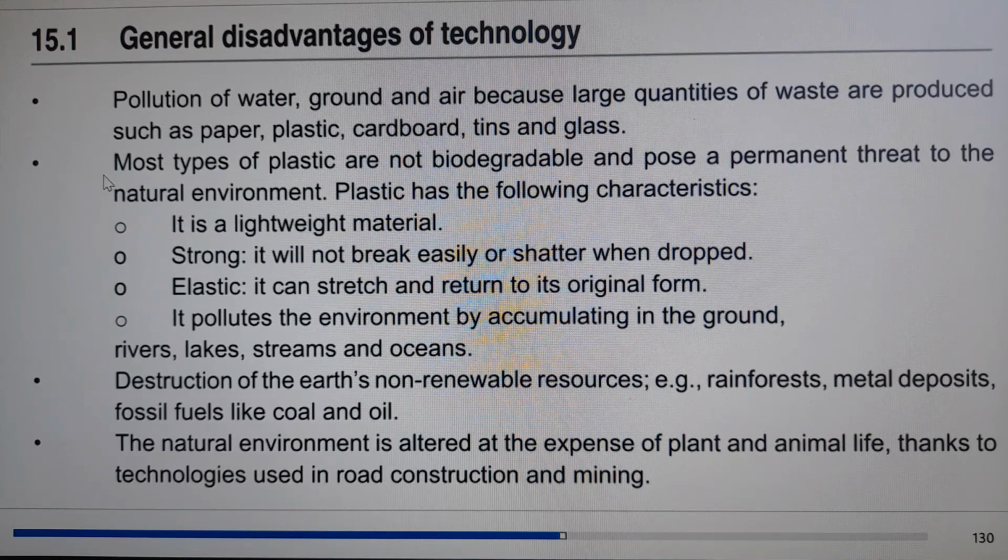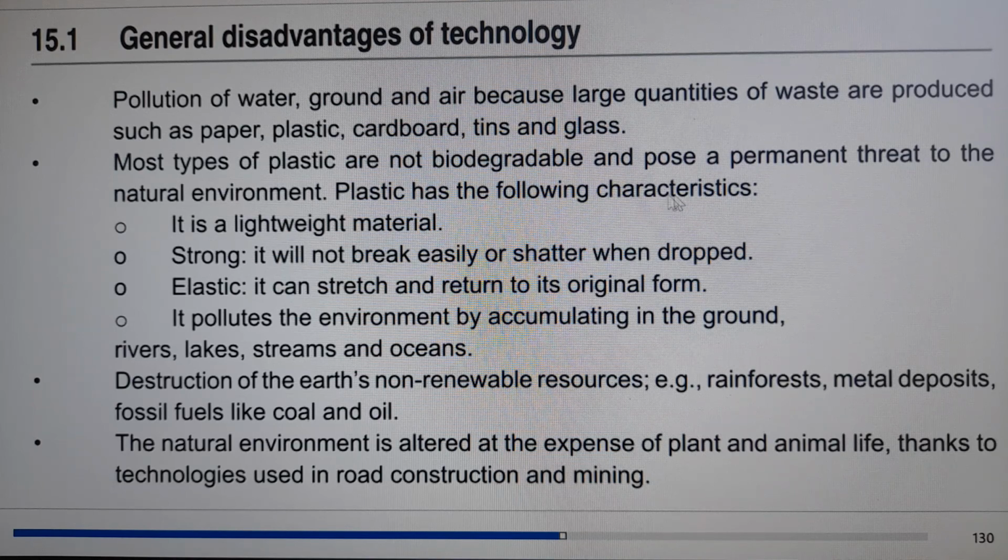And the second disadvantage is that most types of plastics are not biodegradable, except for the one that we have learned about that is biodegradable. Most types of plastics are not biodegradable and pose a permanent threat to the natural environment, okay.